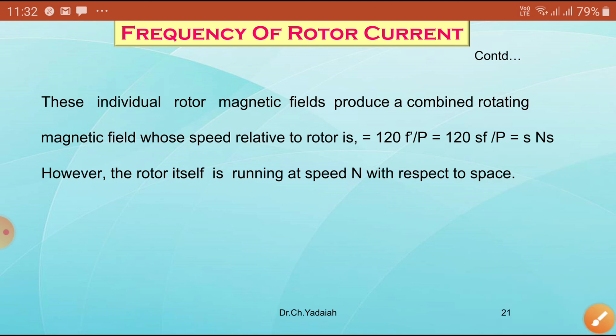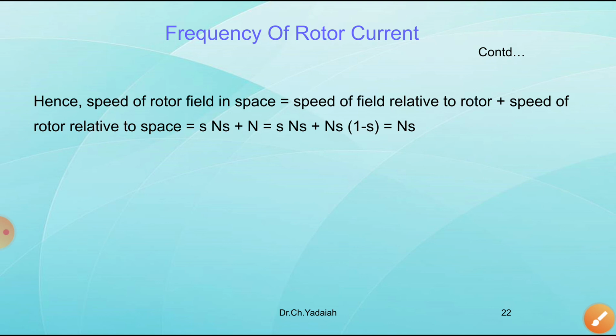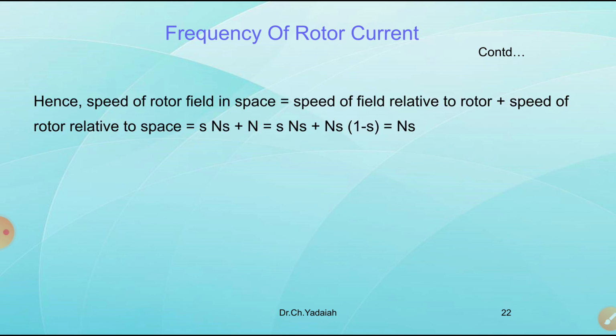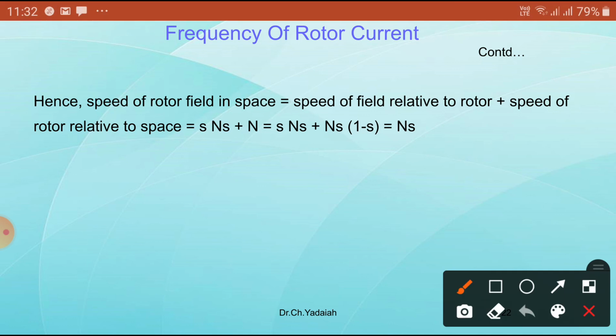Hence I want to know the speed of the rotor field in space. That is the speed of the field related to the rotor, which is s into Ns, and the speed of the rotor related to the space, which is N.